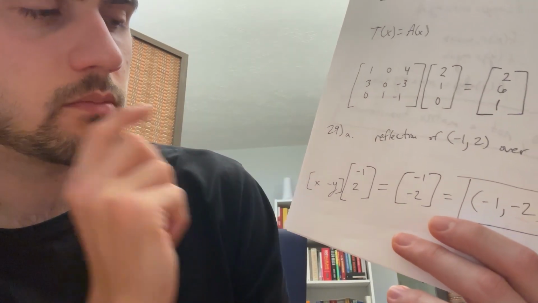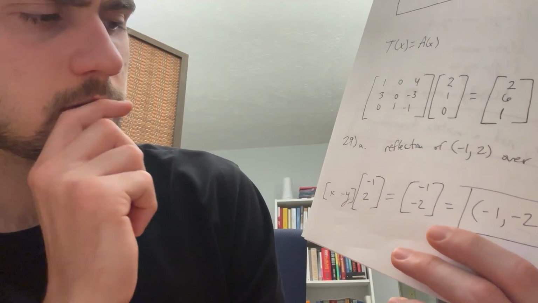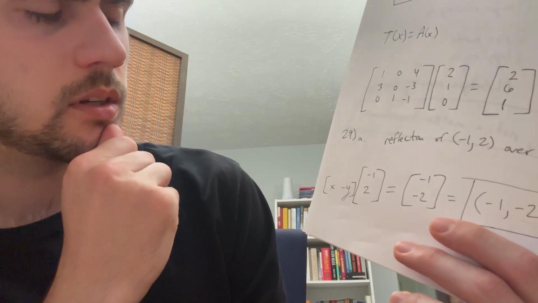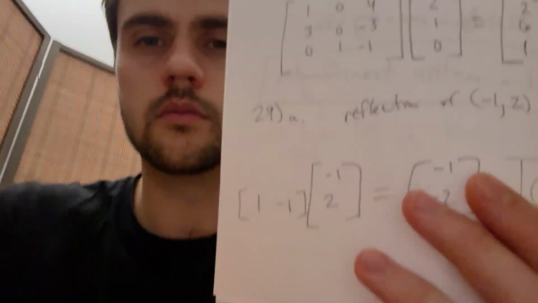Essentially meaning you plug in, no, I don't think it actually is -y. I think these would be 1. What I meant is 1 and -1, I believe. 1 and -1.